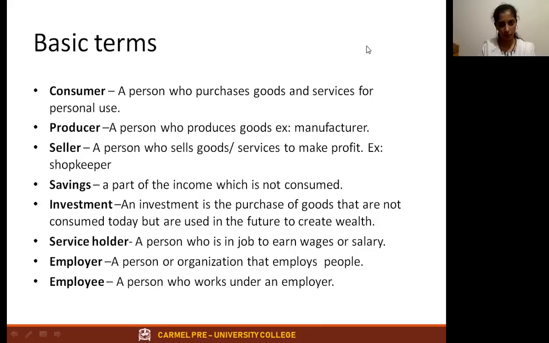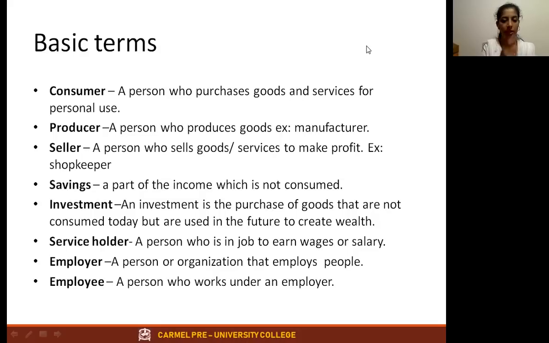A customer is a person who can be a consumer also, but a customer need not be a consumer, because a customer is a person who purchases goods maybe for his personal use or for someone else. That is what a customer is.